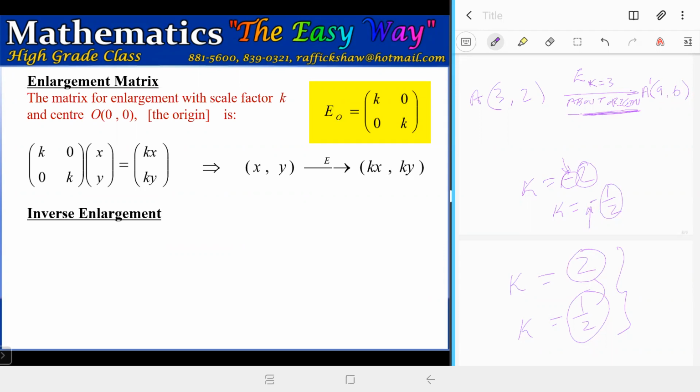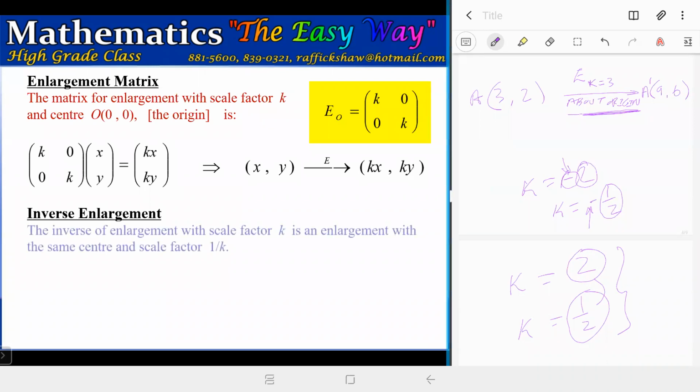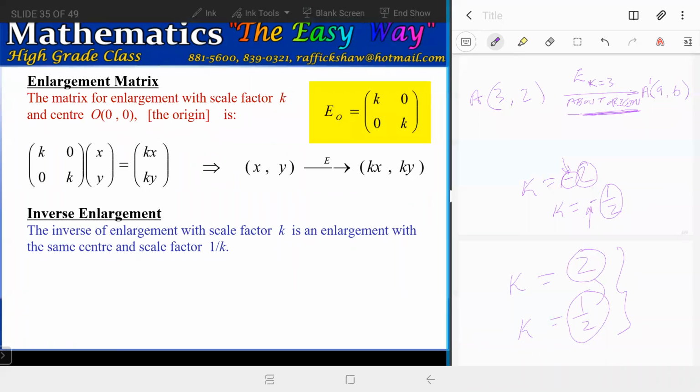So the inverse of an enlargement of scale factor 2 is an enlargement of scale factor half with the same center. It's common sense. The inverse of an enlargement of scale factor K is an enlargement with the same center and scale factor 1/K.